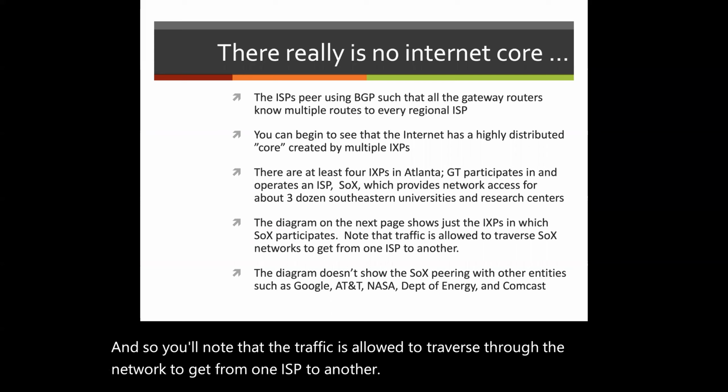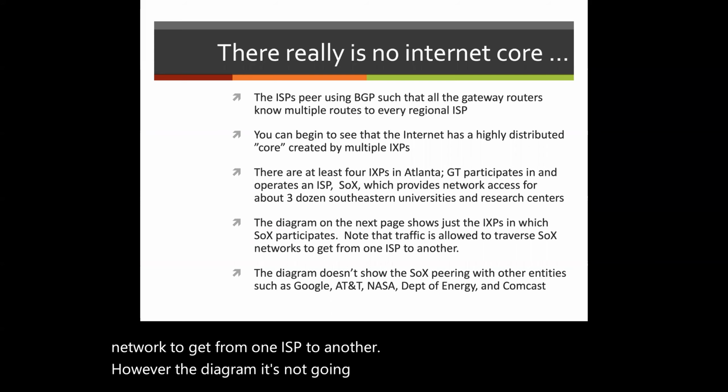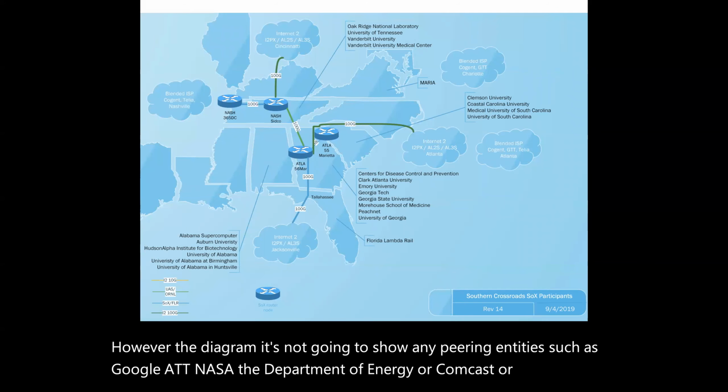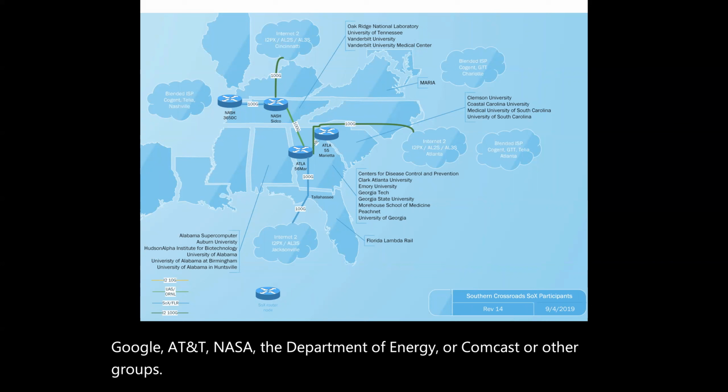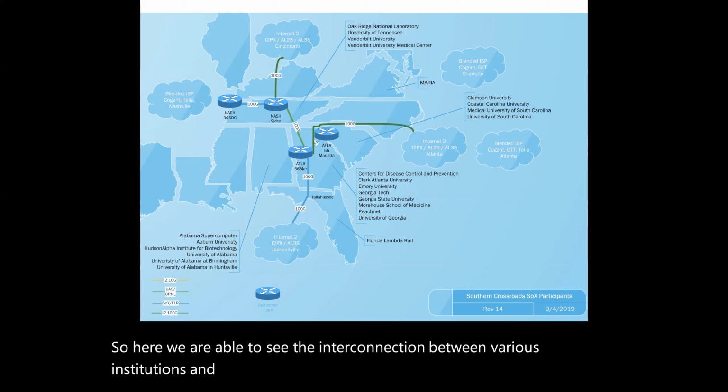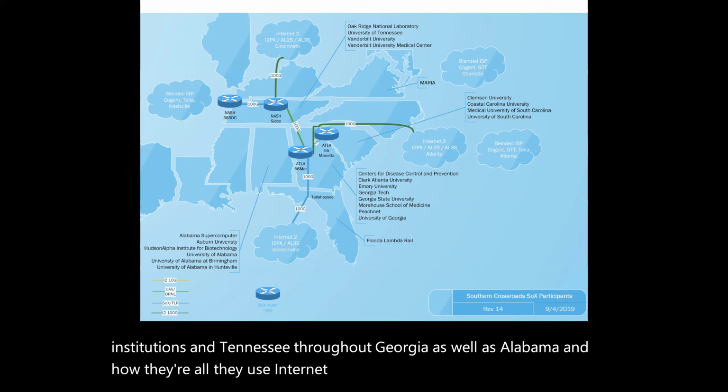However, the diagram is not going to show any peering entities such as Google, AT&T, NASA, the Department of Energy, or Comcast, or other groups. So here we're able to see the interconnection between various institutions in Tennessee, throughout Georgia, as well as Alabama, and how they use internet exchange points to interconnect one another.